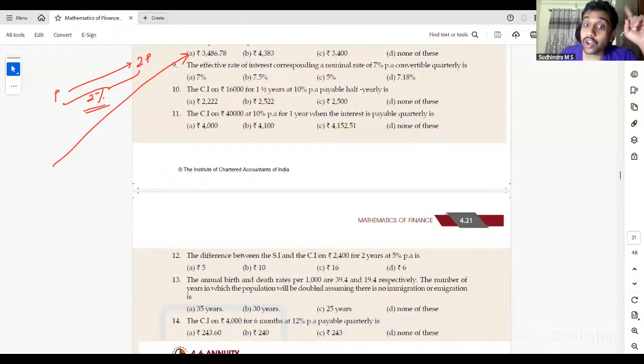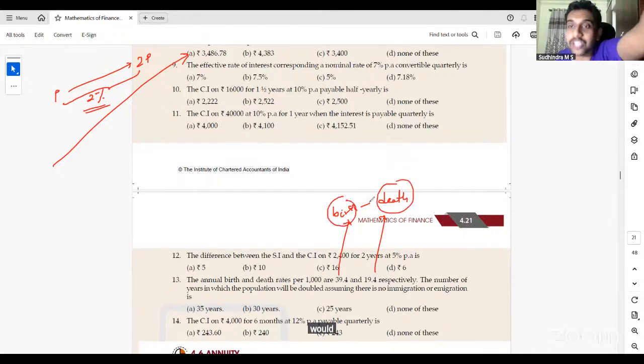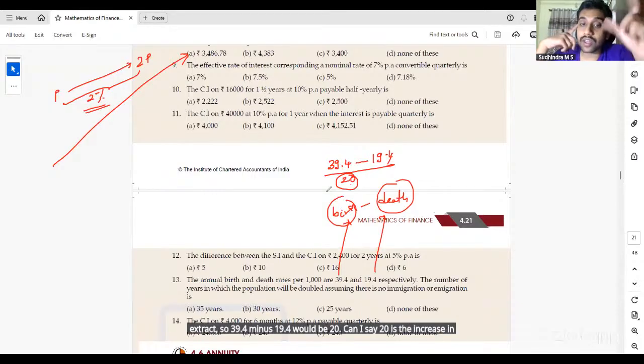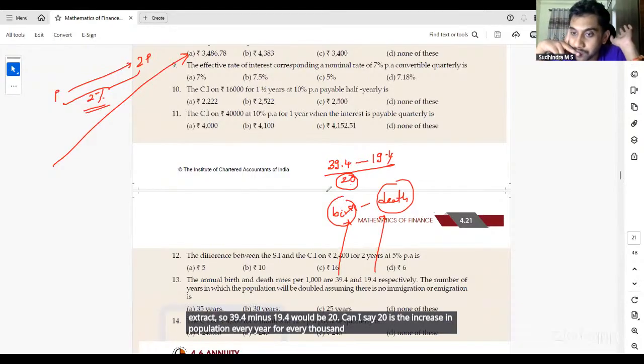No, not directly, but indirectly, yes, by giving the birth rate and death rate. Birth minus death would be the increase in population. So 39.4 minus 19.4 would be 20.